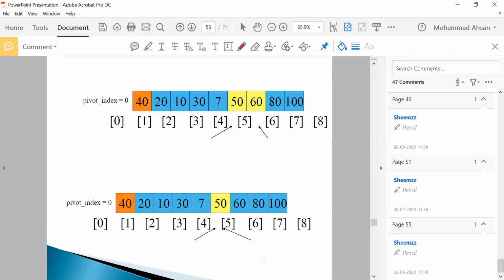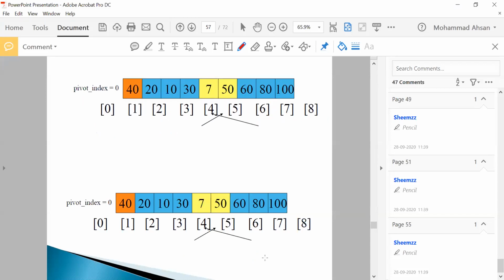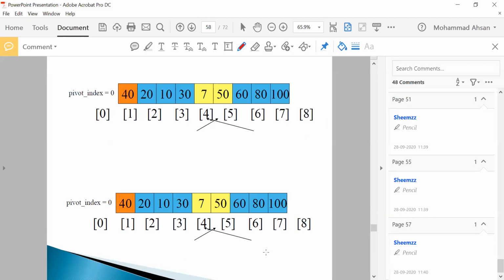If you remember, when these pointers cross over, we stop the partition process. So 50 is greater than 40, so the left pointer will cross over. Now the crossover happened. The left and the right pointers have crossed over, and that is when we stop and we replace the pivot element with the crossover point.